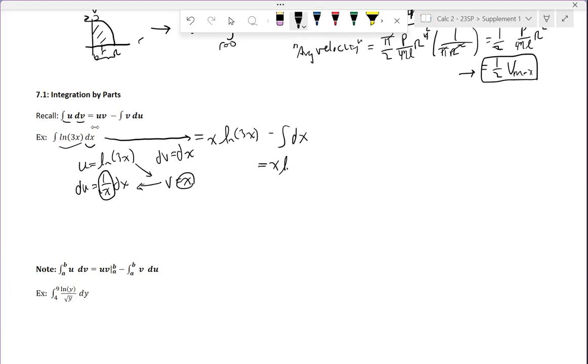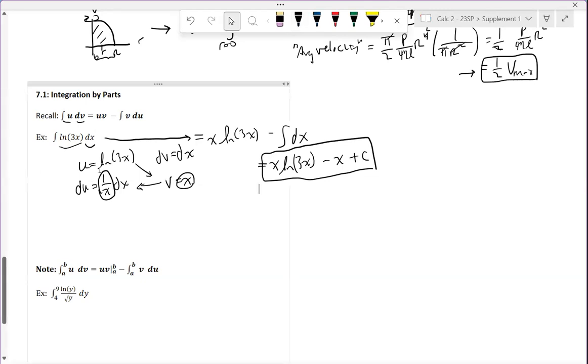This gives me x log 3x minus x, plus c. So with these log integrals, sometimes you just have to use the dx as the dv, and that ends up making things work out nicely because the log tends to put a power of x in the bottom.